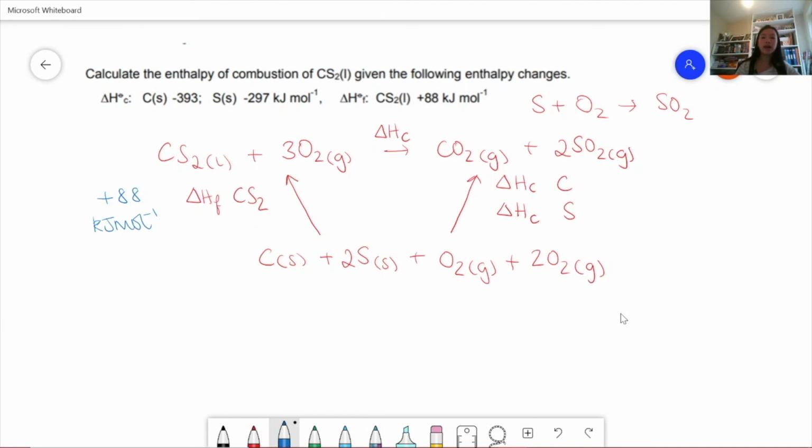And here we have minus 393 plus minus 297. You need to times by 2 actually. So it would be 2 times minus 297. And when you add these together, you get minus 987 kilojoules per mole.